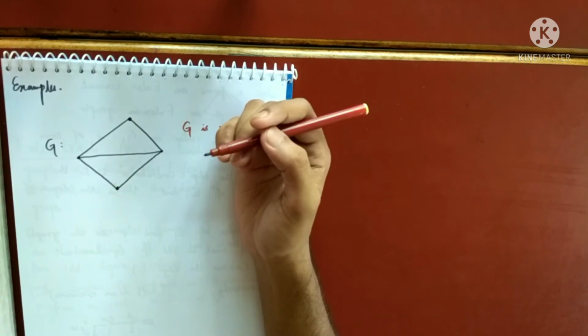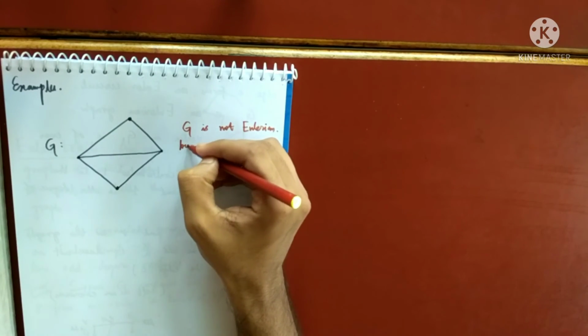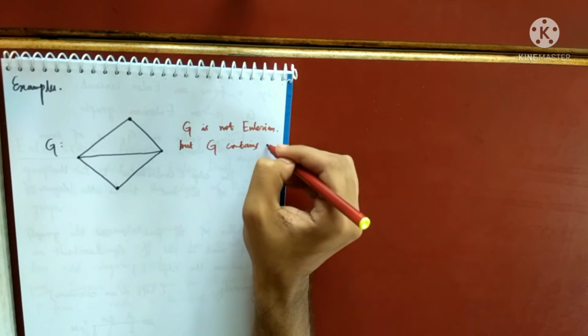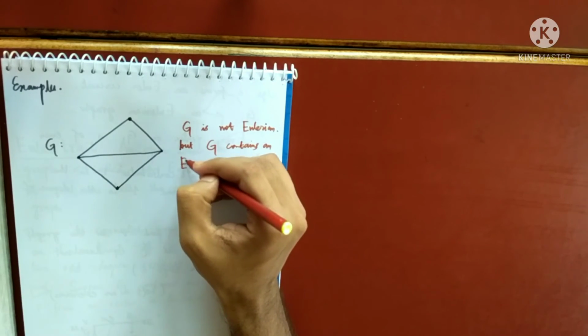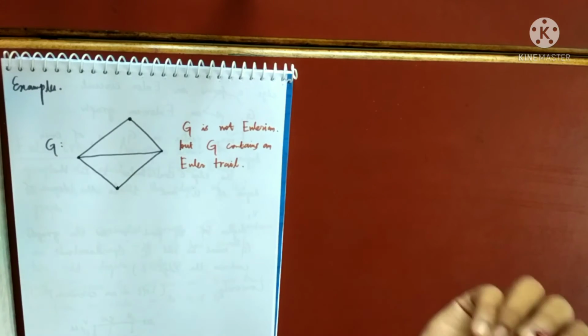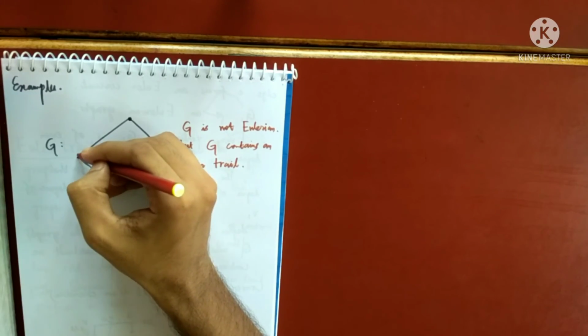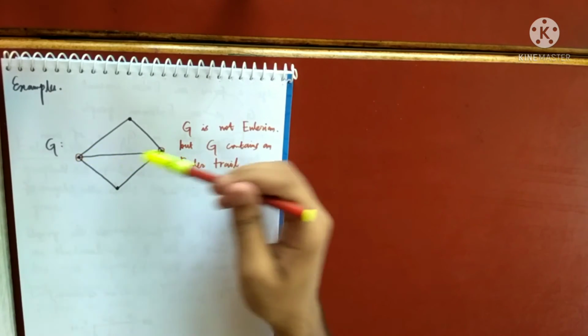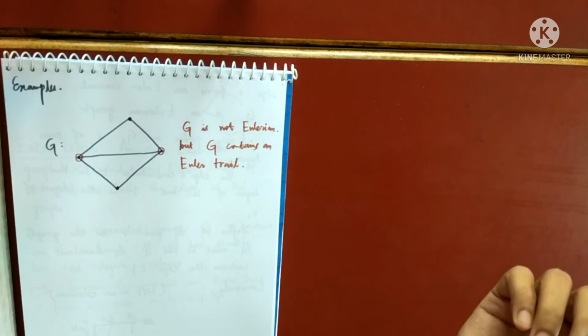But according to the necessary and sufficient condition, G contains an Euler trail. What was the necessary and sufficient condition for the existence of an Euler trail? It should have exactly two vertices of odd degree, and I have got them. I can see they are exactly two vertices of odd degree.